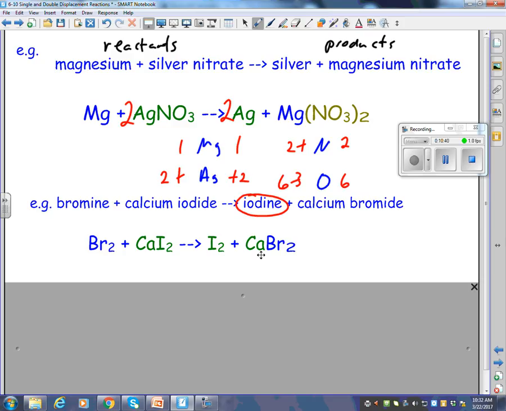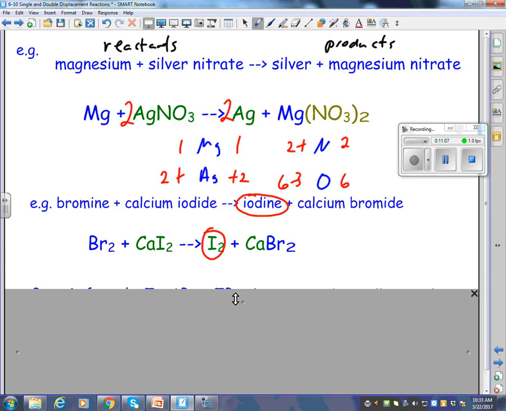Oh, actually the Br has kicked out the I here, hasn't it? Here the I2 is bonded with the Ca. Here the I2 is by itself, right? So the I2 has been kicked out. You can tell by the words too, right? Yeah. It's been kicked out.